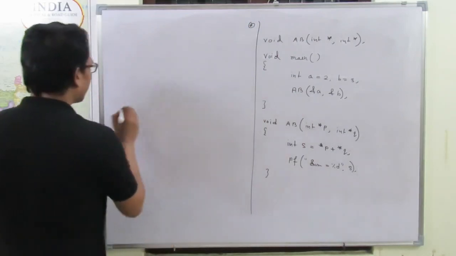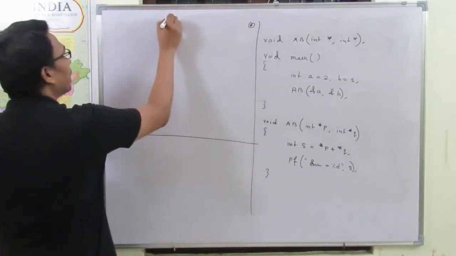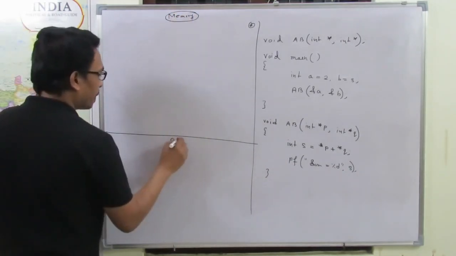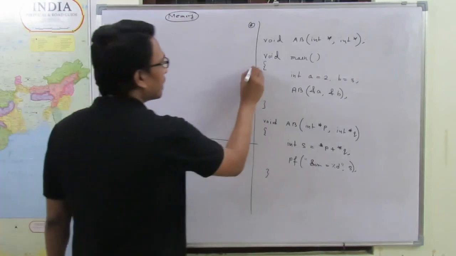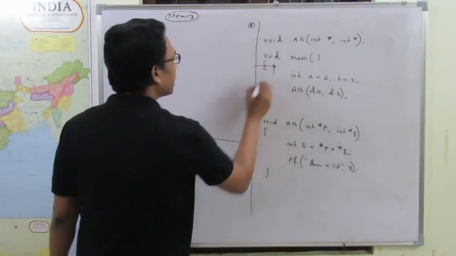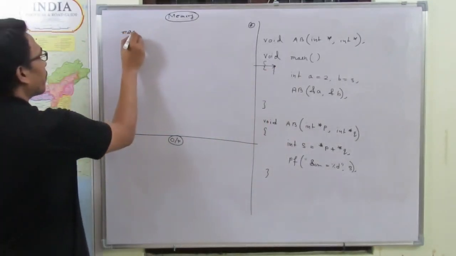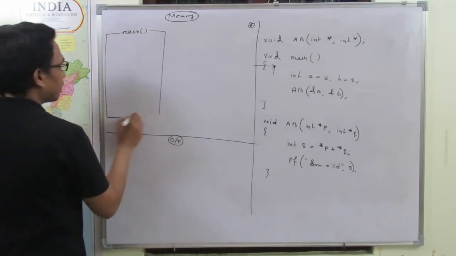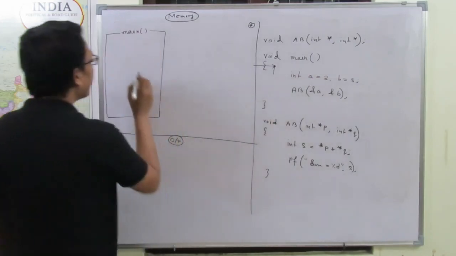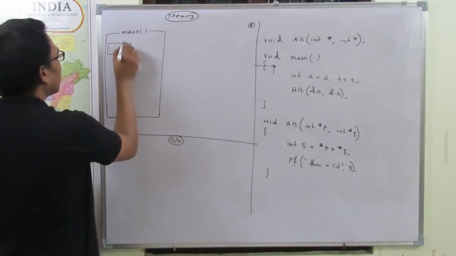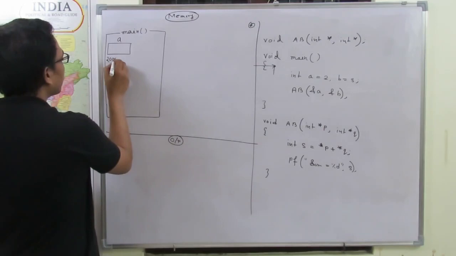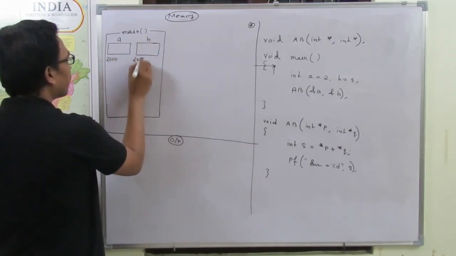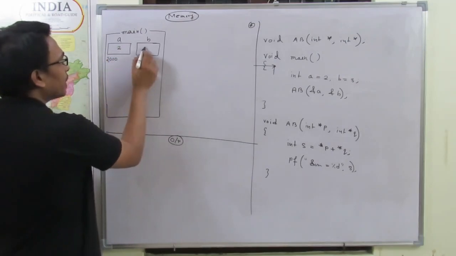So again we have a memory part as well as an output part. The system starts execution from the main function, that means first it will allocate a memory block for main. Now inside this main we declare two variables, int a. So here a is there, let's say 2000, then b is also there, let's say 2015, then a contains 2, b contains 3.